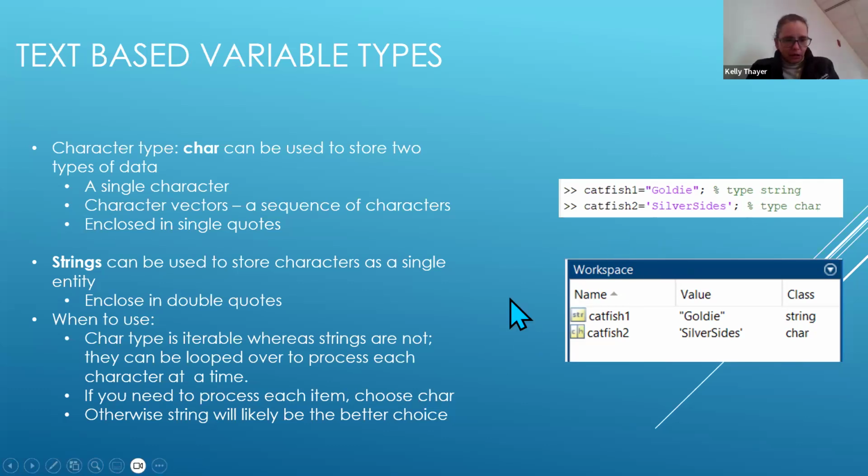So if you want to cycle over them, then you need to distinguish between these two. Char type is iterable, whereas strings are not. So this is a type string with the double quotes. You can't process each individual character, but with char, you can process each individual one, and we recognize this because it has the single quotes. And we can see the difference in the class in the workspace.